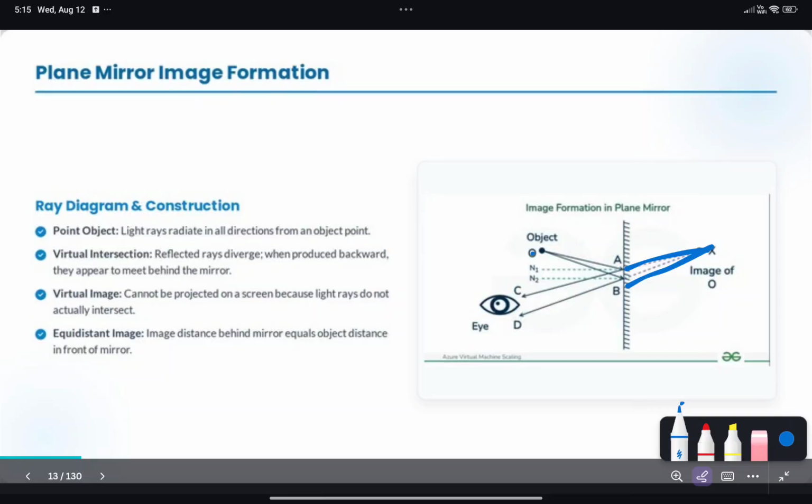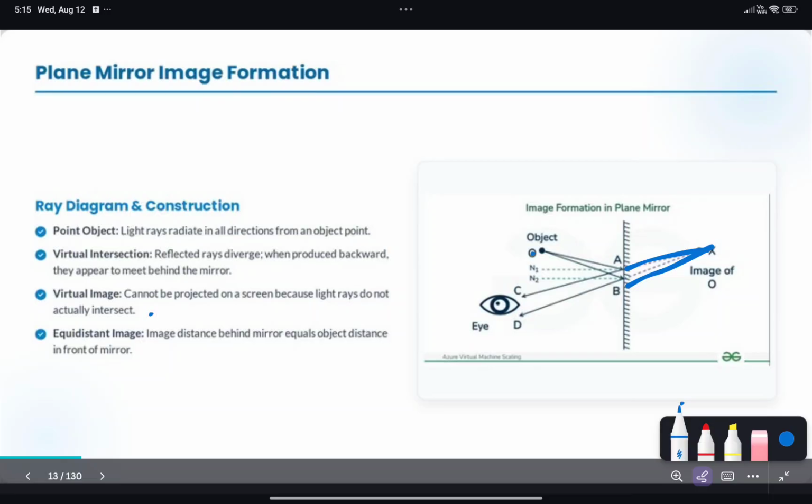Virtual image. A virtual image cannot be projected on the screen. There are two types of images. What are the image types? Real image and virtual image. A virtual image is never projected on a screen. It cannot be projected on a screen because light rays do not actually intersect.